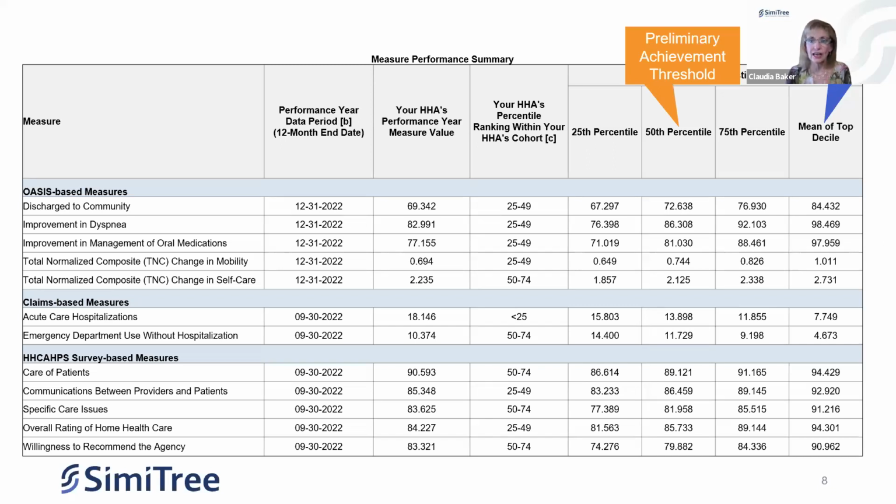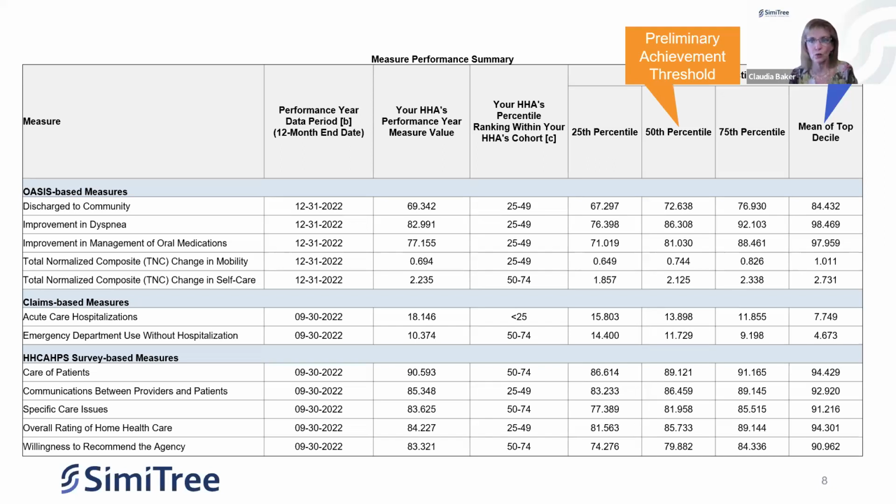So when you're looking at that achievement threshold, anything below that means that your scores are going to start to negatively impact the amount of money that you might get out of value-based purchasing when it comes down to the final payment days, when they're deciding whether or not you get a bump in reimbursement of 5% or you get some financial impact, negatively, depending on whether or not you're above or below that achievement threshold.